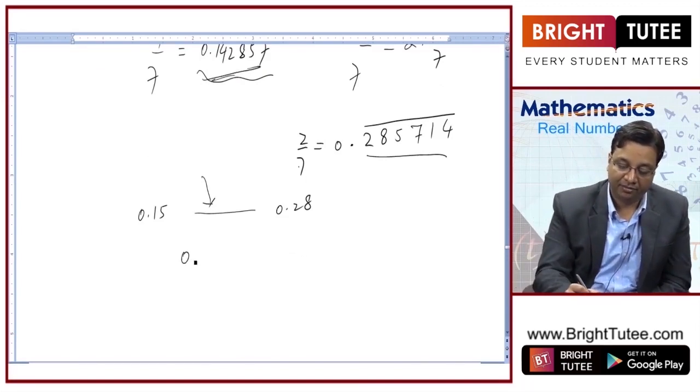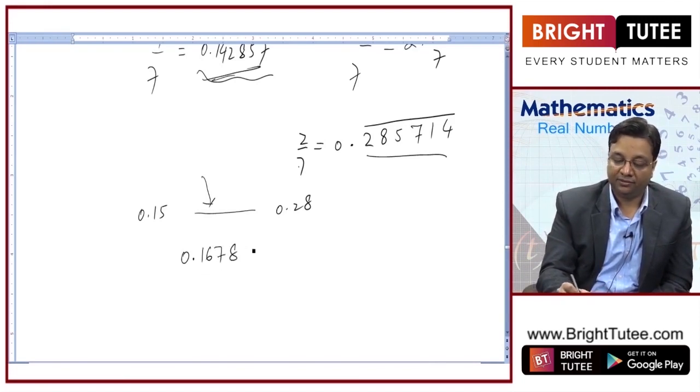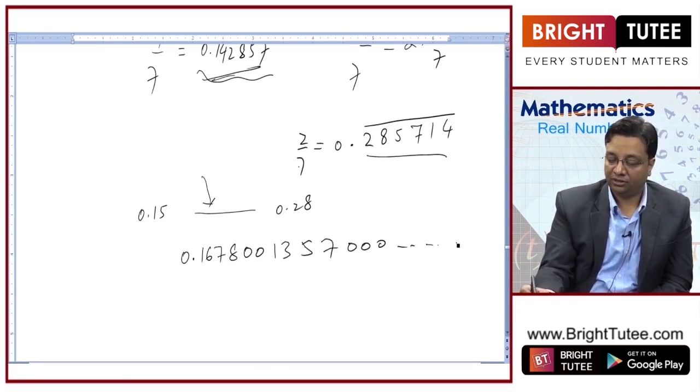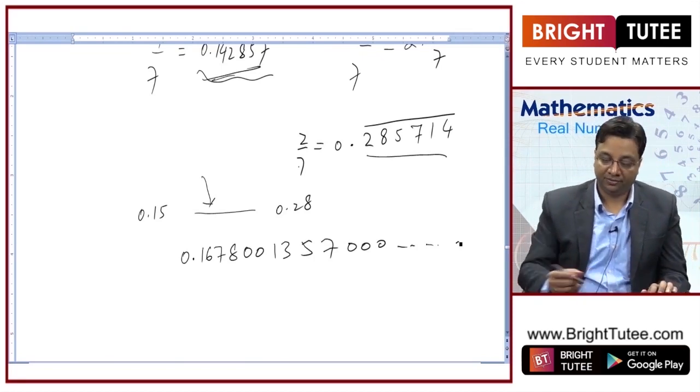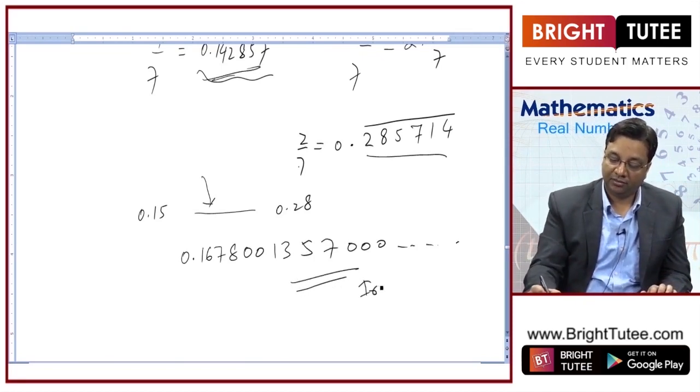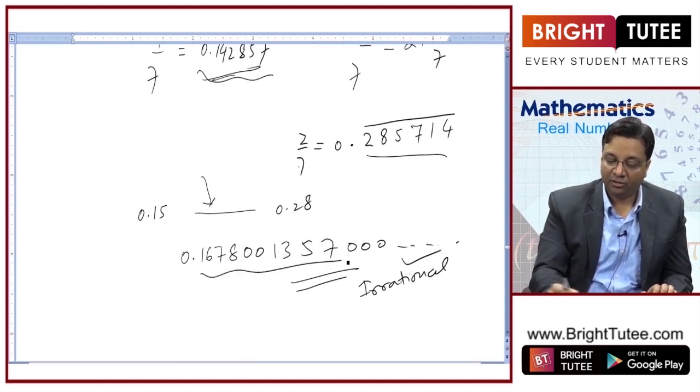Now if I write a number like this, 0.167800135700 and so on, it keeps on going like this. So this is an irrational number because it is non-terminating and non-repeating.